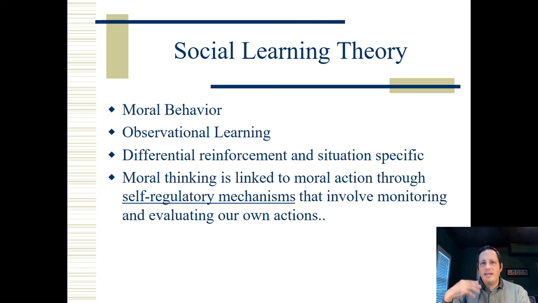So moral thinking is linked to moral action, but it's a self-regulatory mechanism that's in place. So we've got to monitor and evaluate our own actions, and do those live up to what we actually do? And that's never a good sign. Anytime people say they're going to regulate themselves, be ready for them to fall short of those aspirations.